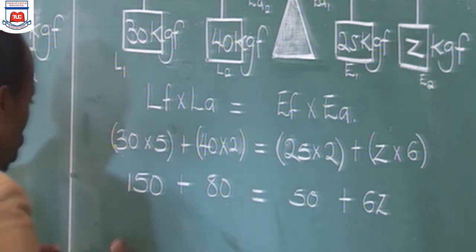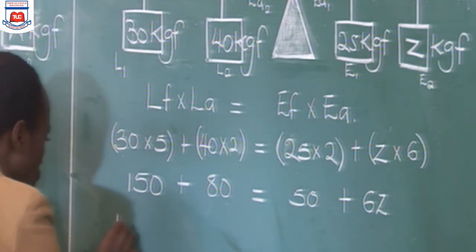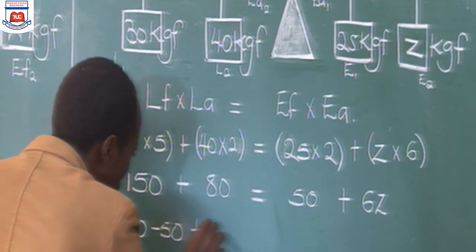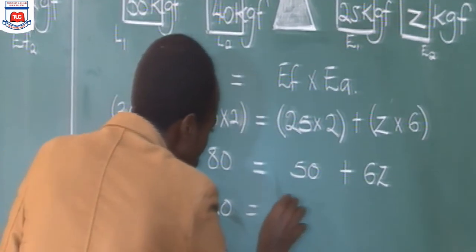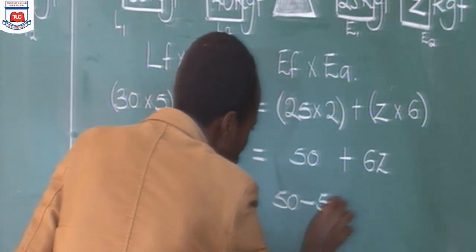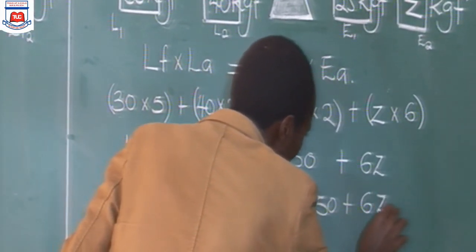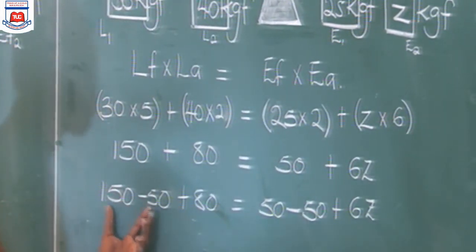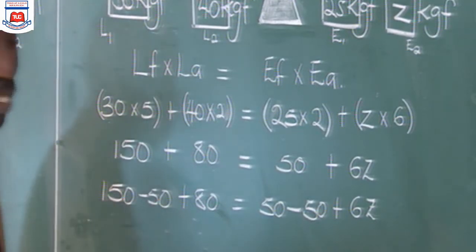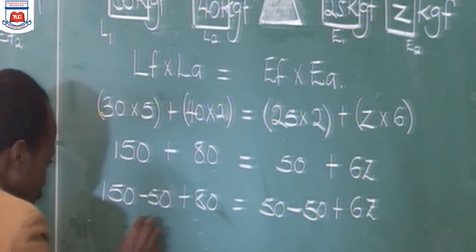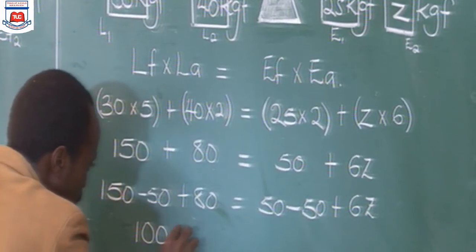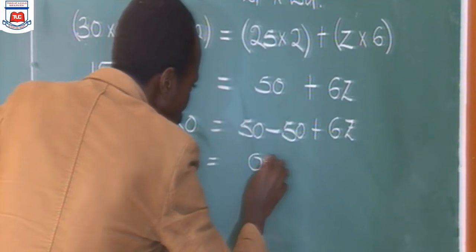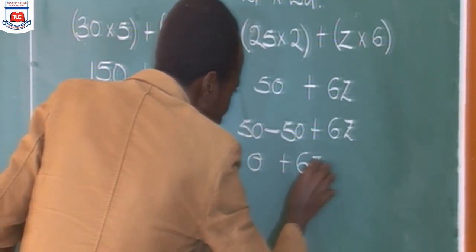Okay, I'll do the simplest. 150 minus 50 on this side plus 80 will give me 50 minus 50 plus 6z. I brought this 50 here because it is easy for you to subtract 150 minus 50. You get 100. Okay? That is 100 plus 80 will give me 50 minus 50 is 0 plus 6z.